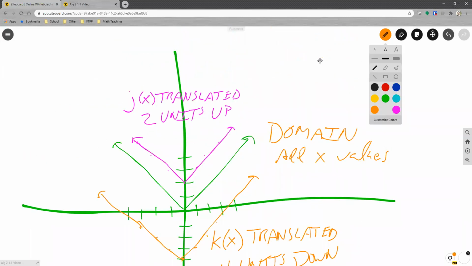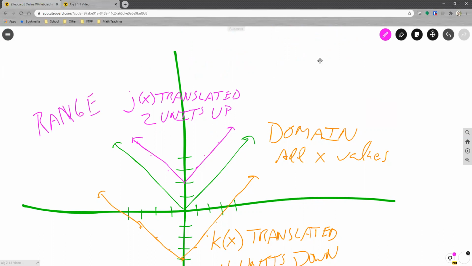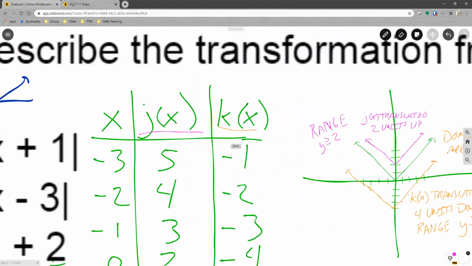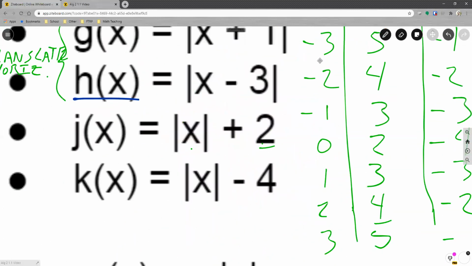For my pink function, same idea, except my lowest y value on the range is going to be y is greater than or equal to +2. So you may be seeing a pattern here based off the equations.